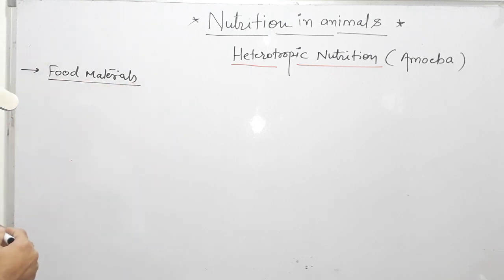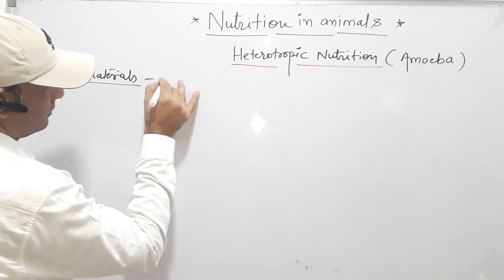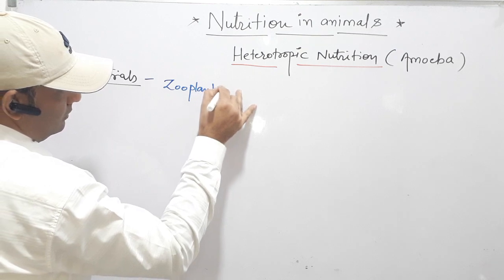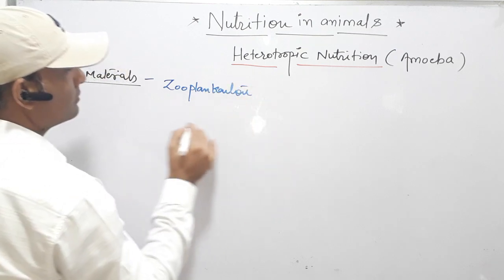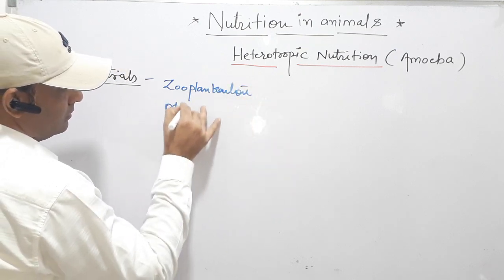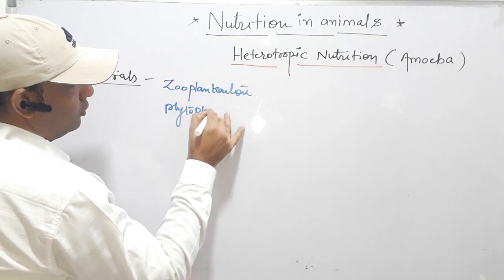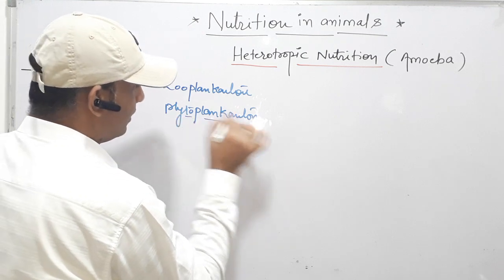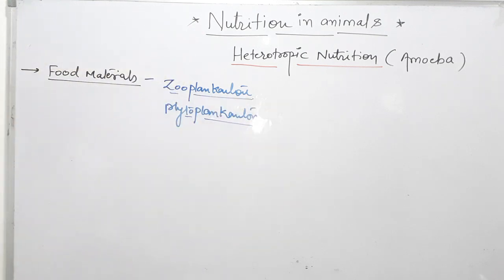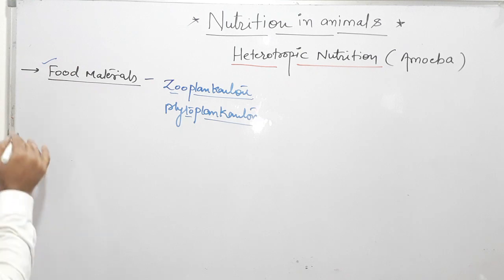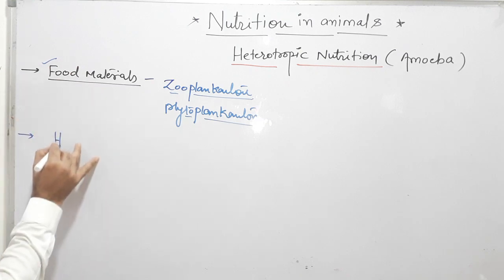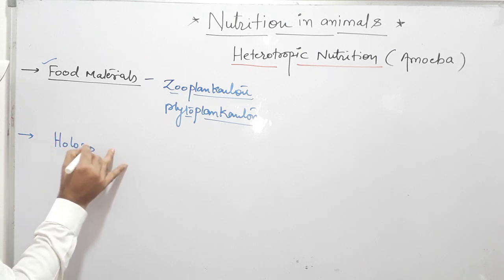The food materials for amoeba are zooplankton, phytoplankton, are the food material for amoeba. Now the method of nutrition in amoeba is the holozoic mode of nutrition.